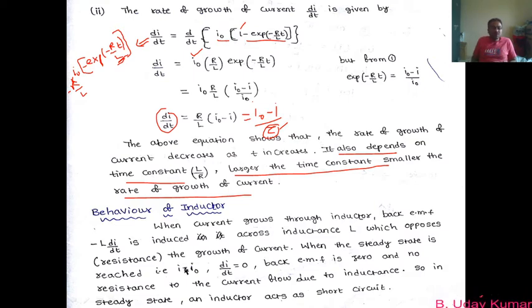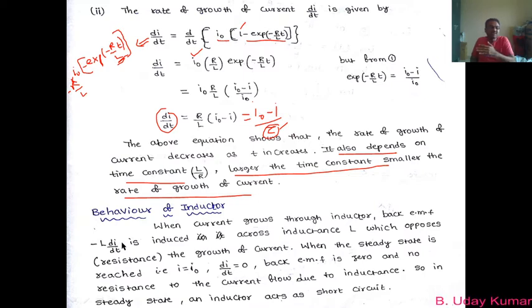So when I reaches its maximum value, the condition will be I is equal to I0. If I is equal to I0, from this equation, I0 minus I becomes 0. If this is 0, dI by dt is also 0. If dI by dt is 0, this induced EMF also becomes 0.